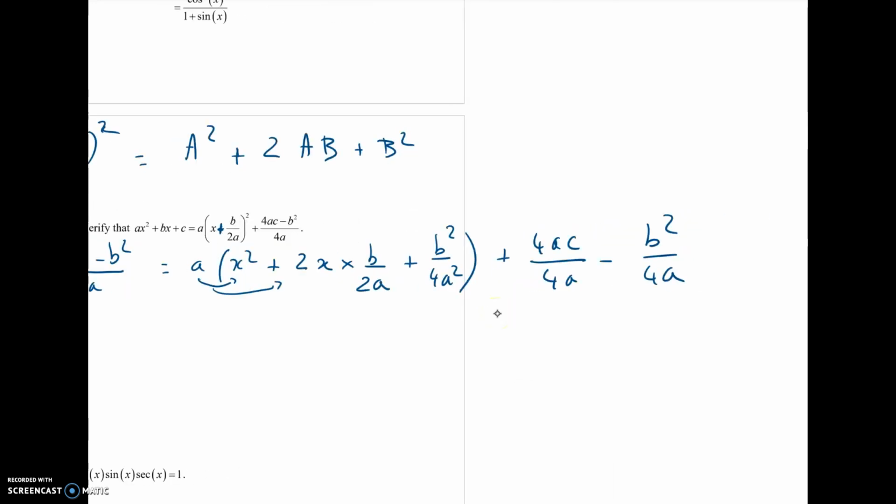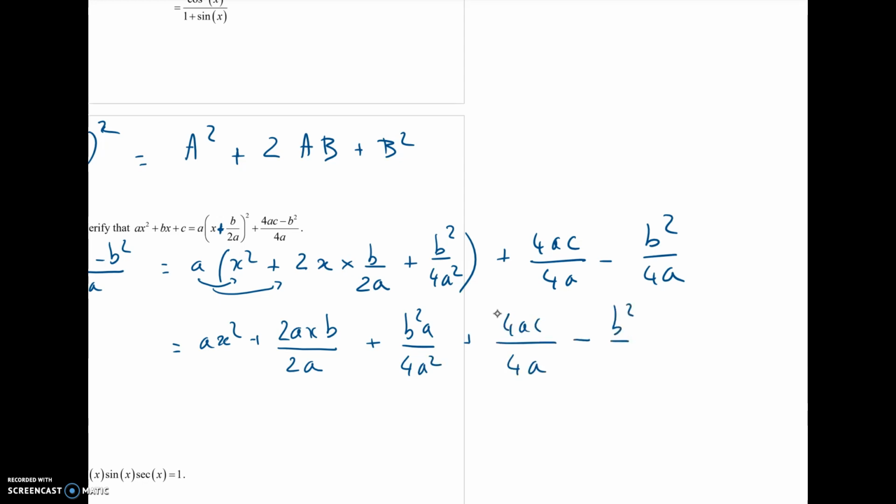So now what I'm going to do is distribute my a, and that's going to be ax squared plus 2axb over 2a plus b squared a over 4a squared plus 4ac over 4a minus b squared over 4a.